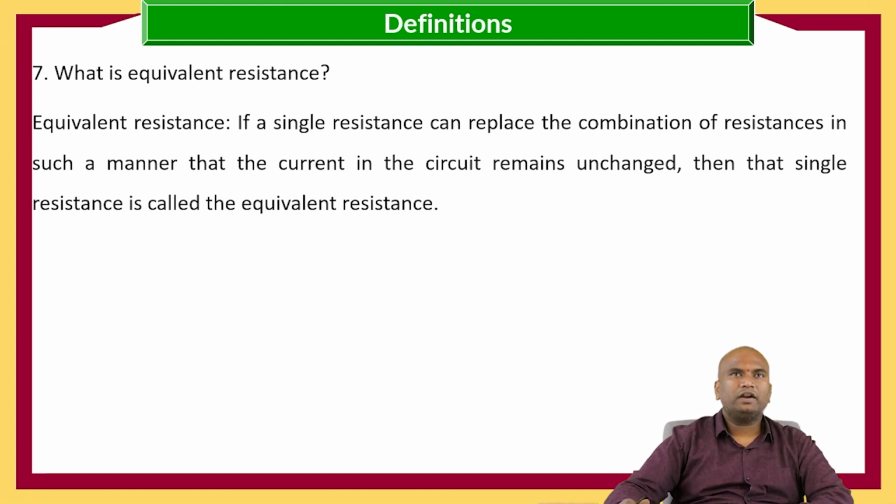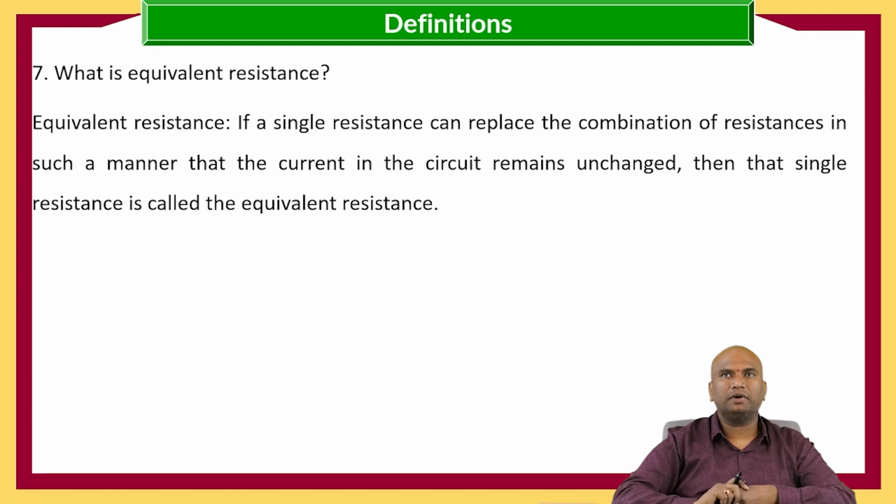The next one is, what is equivalent resistance? Equivalent resistance is nothing but, whenever we have some number of resistors connected together, that number of resistors can be replaced with a single resistance by considering the properties of series and parallel resistances.